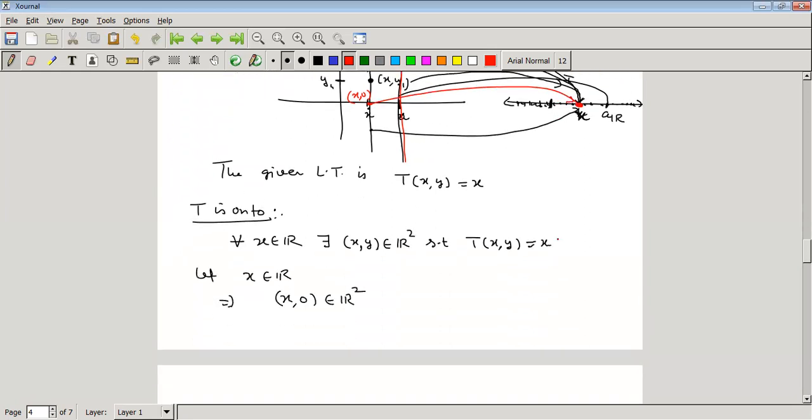So you give me any element x in R, this implies (x, 0) belongs to R2 such that T of (x, 0), what is the image of T(x, 0)? That is equal to x. So this implies that T is onto.